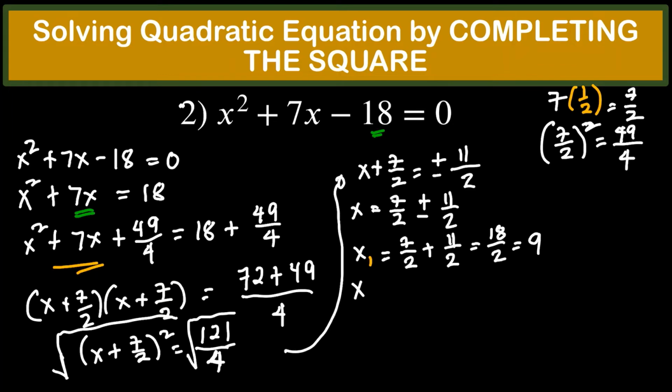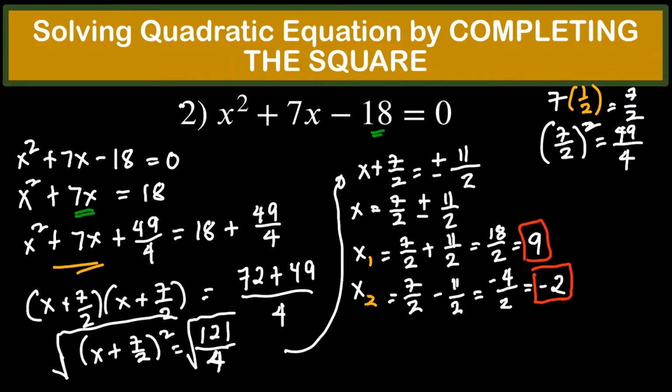Say this is our x sub 2, so this will give us 7 over 2 minus 11 over 2, and that will give us negative 4 over 2 equals negative 2. So the two answers are 9 and negative 2.